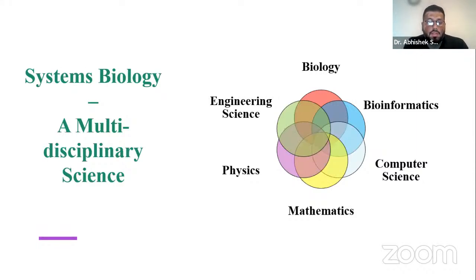So why is engineering science a part of it? If you see classical bioinformatics, we don't see engineering science concepts, but in systems biology we do, because we use the concepts of networks, control theory, and system sciences. Even systems-based modeling and simulation concepts have come from the engineering sciences.